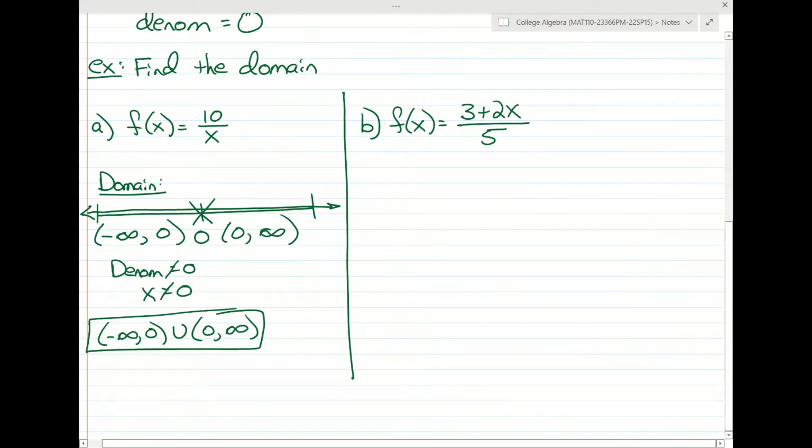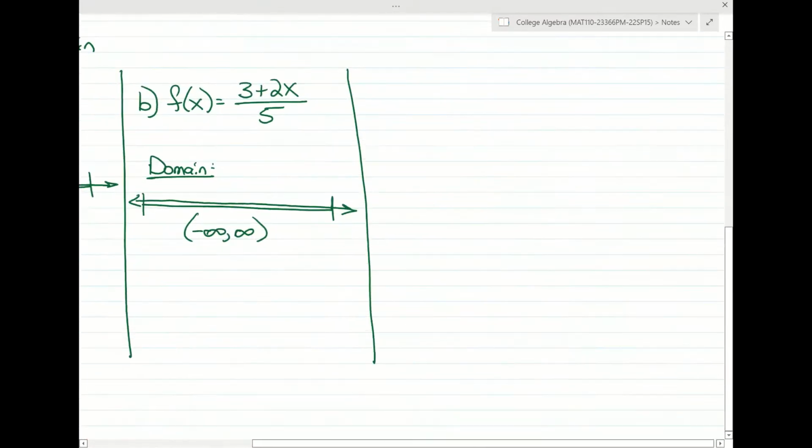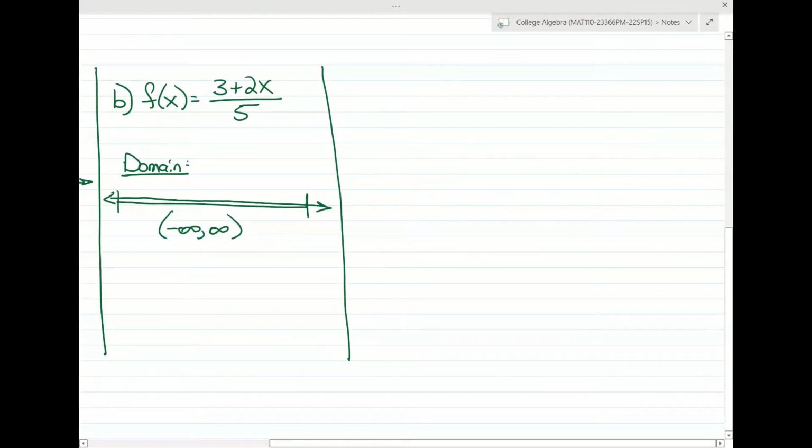Because it's 5. So for this problem, we would say that the domain would just be all real numbers. There's no way that we can make 5 into 0. So your domain would be the entire number line. And the way you would just say this is from negative infinity to positive infinity. That would mean you could pick any x value. None of them are going to make the denominator 0.